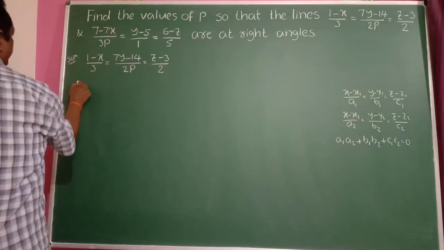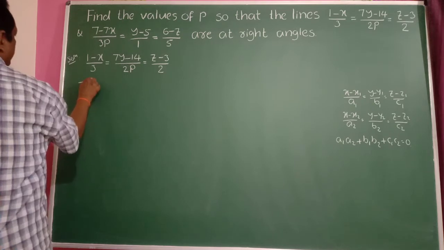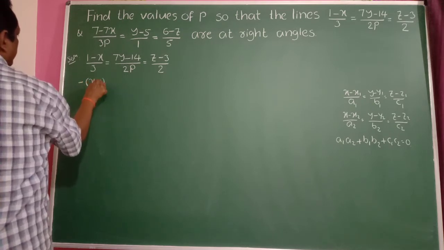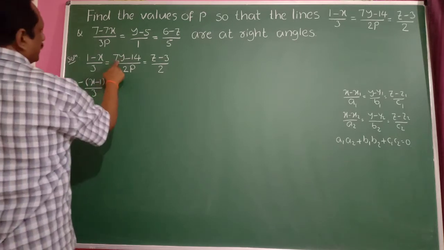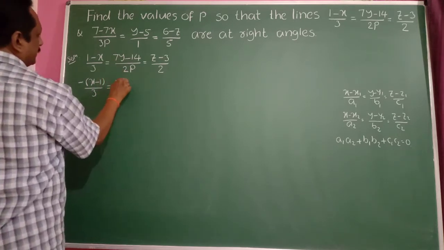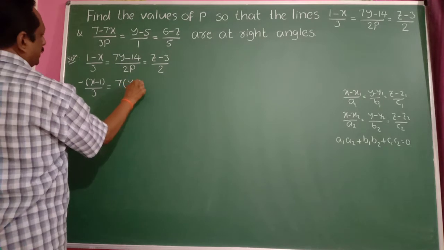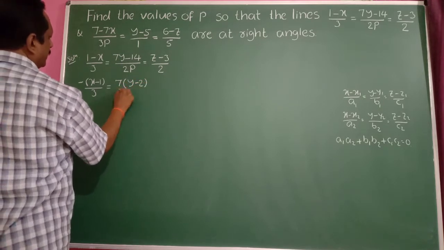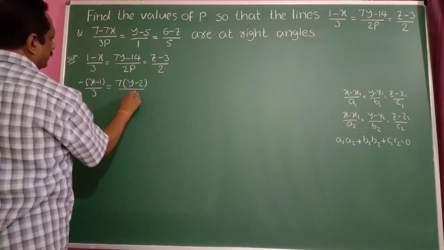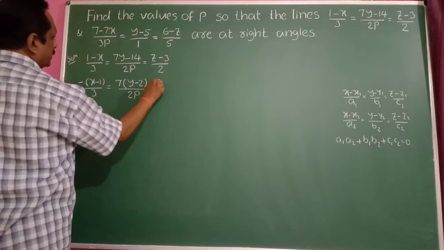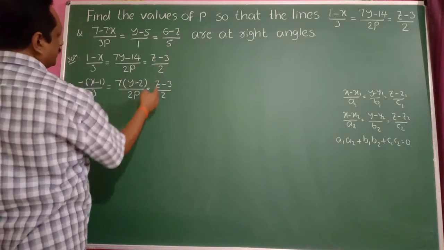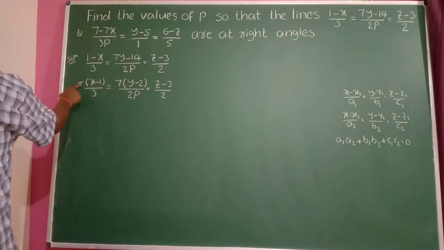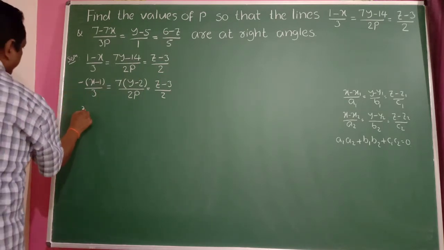Take minus as a common factor. Then x minus 1 divided by 3 is equal to, here I can take 7 as a common factor. So y minus 2 divided by 2p is equal to z minus 3 divided by 2. You write this one as it is. Take this minus to the denominator here.